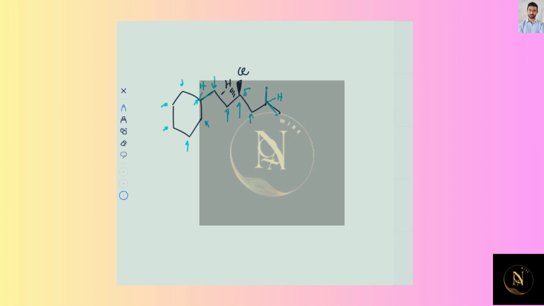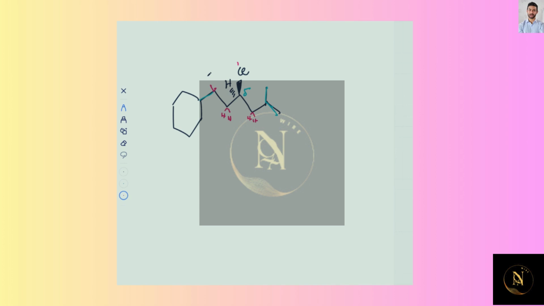So how do we determine the configuration? We rank everything according to Cahn-Ingold-Prelog rules, in which chlorine is the highest ranked. Now we've got to compare some carbon chains. Let's do that. So we've got a CH2 here and a CH2 here. Those are the same.